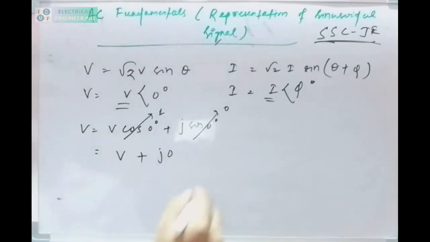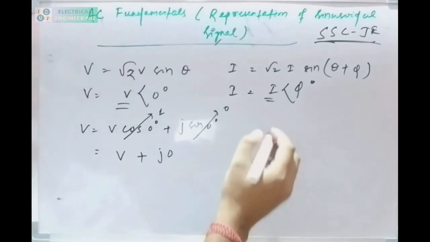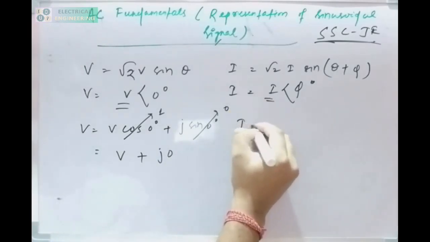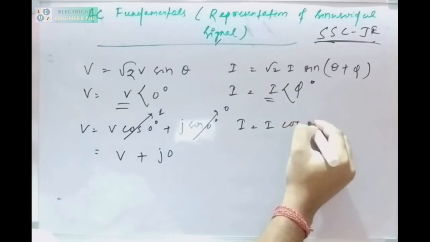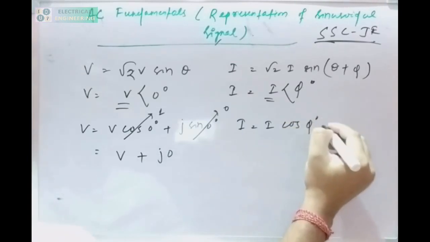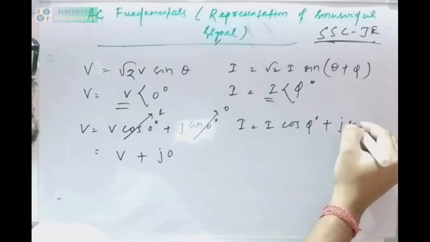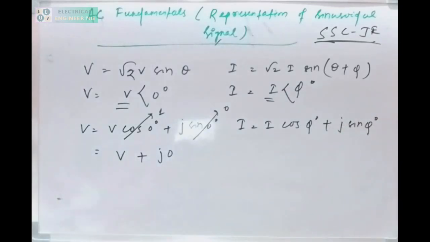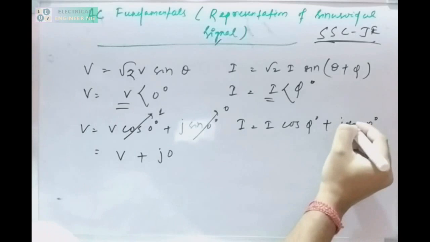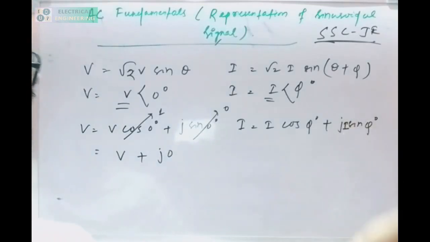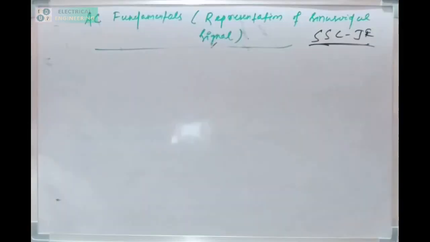Okay, if we write current in the Cartesian form, then I equals I cos phi degree plus j I sine phi degree. So this is the Cartesian form. Note it down. Let's go to the next MCQ.